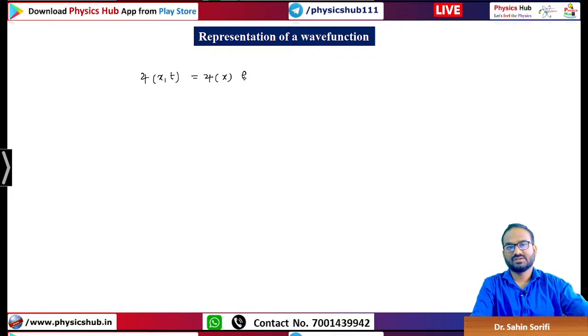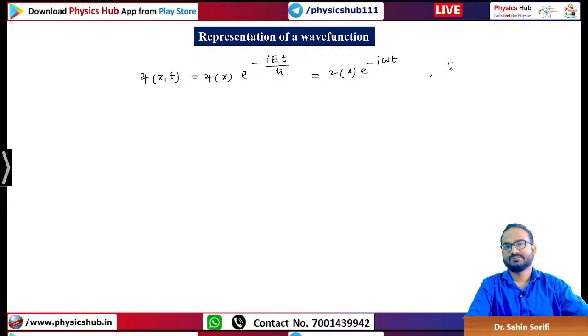Time evolution is done in this way: e to the power minus i E t by h cut. Now you know E is equal to h cut omega, so we can write psi of x e to the power minus i omega t.